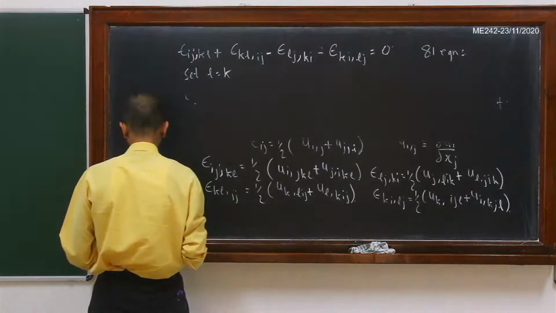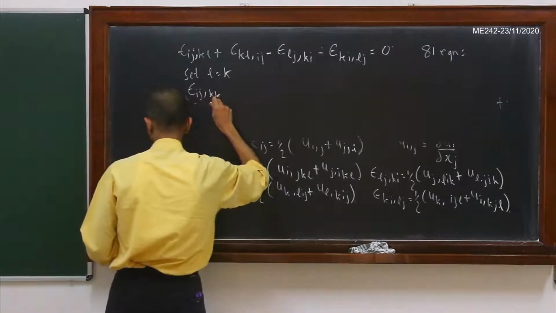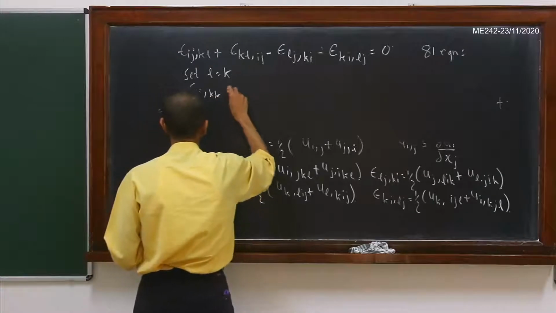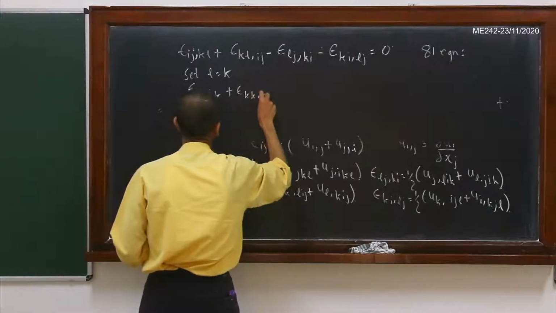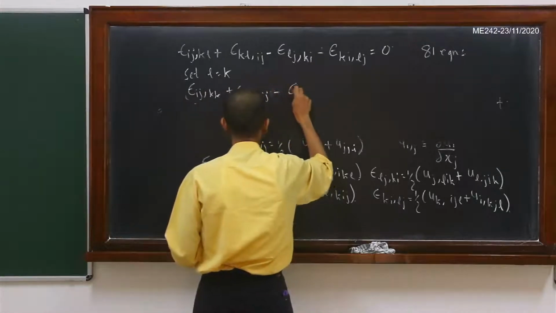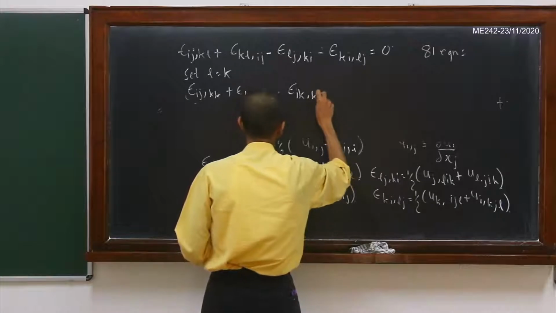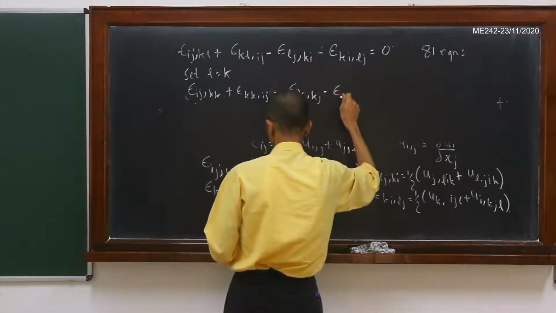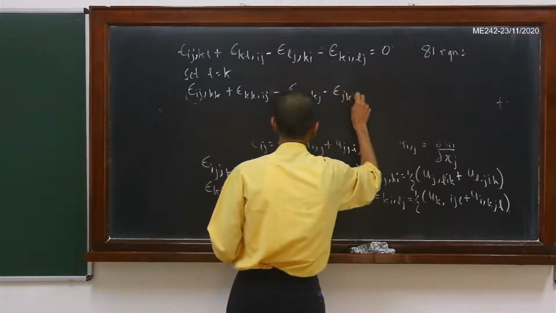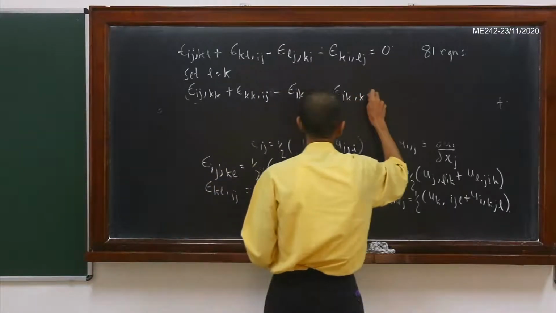Then in that case, what you will get is epsilon ij comma kk plus epsilon kk comma ij minus epsilon ik comma kj minus epsilon jk comma ki is equal to 0.